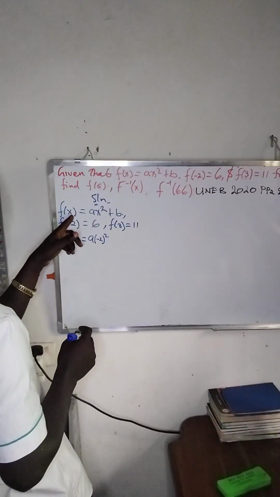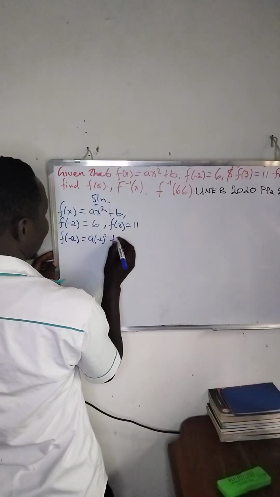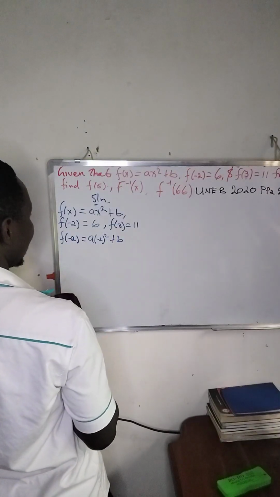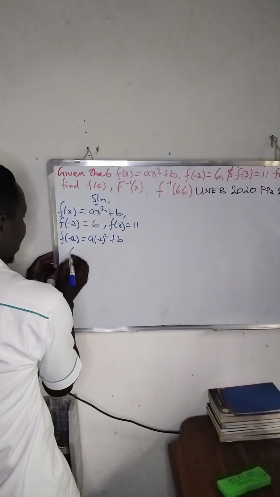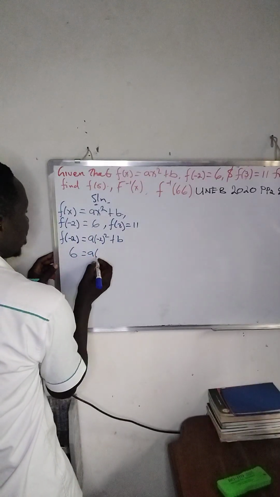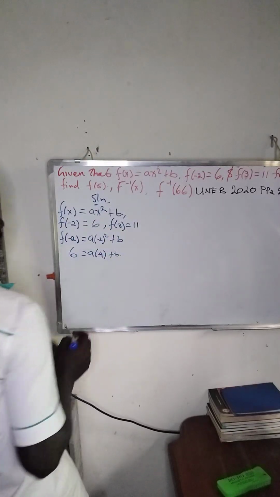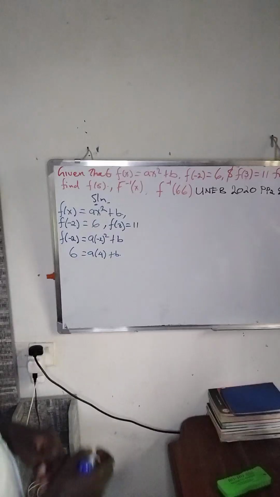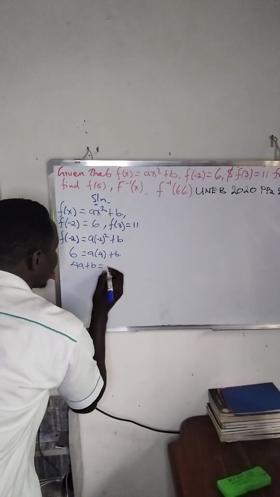Where there is x in this equation, we are placing a negative 2, plus b. Now they are saying this f of negative 2 is equal to 6. Here we use 6 is equal to a into negative 2 squared. This is 4a plus b, but b is not known. Meaning, our 4a plus b is equal to 6.